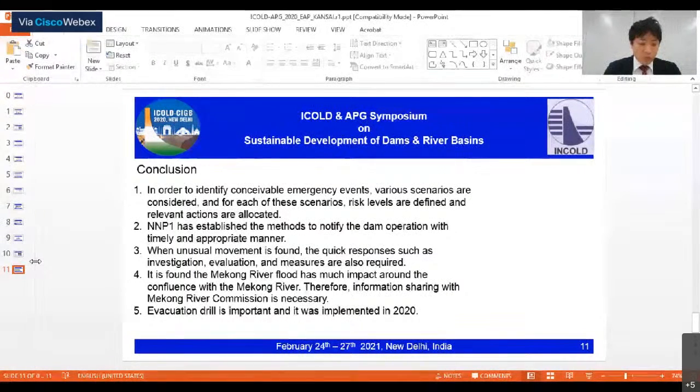Third, when unusual movement is found, a quick response, such as investigation, evaluation, and measures, is also required. Fourth, it is found the Mekong River flood has much impact around the confluence with the Mekong River. Therefore, information sharing with the Mekong River Commission is necessary. Fifth, the evacuation drill is important and it was implemented in 2020.